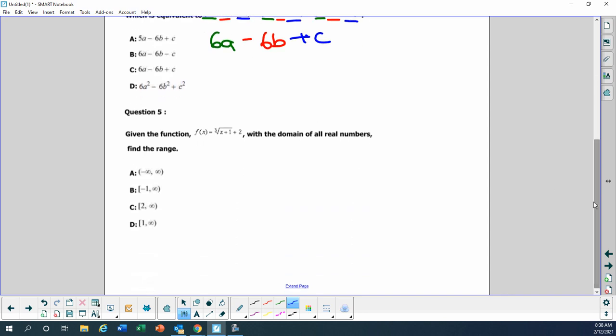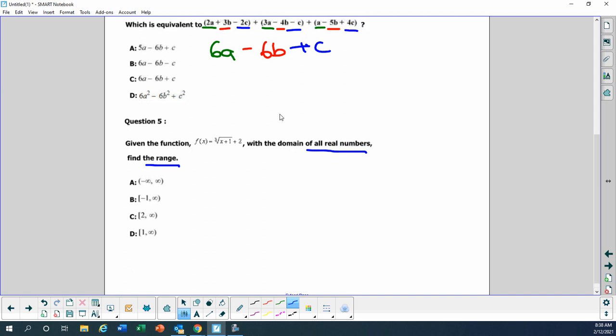Okay, so this one: given the function, with the domain of all real numbers, find the range. The domain is already given to be all real numbers. They want you to find the range. So what I will do is pull my Desmos out and graph it.